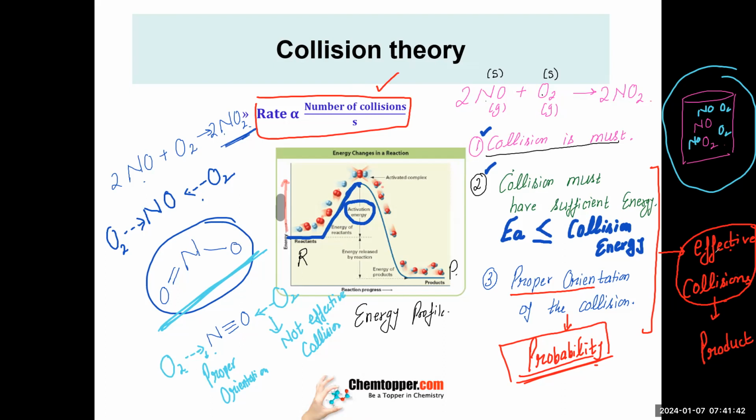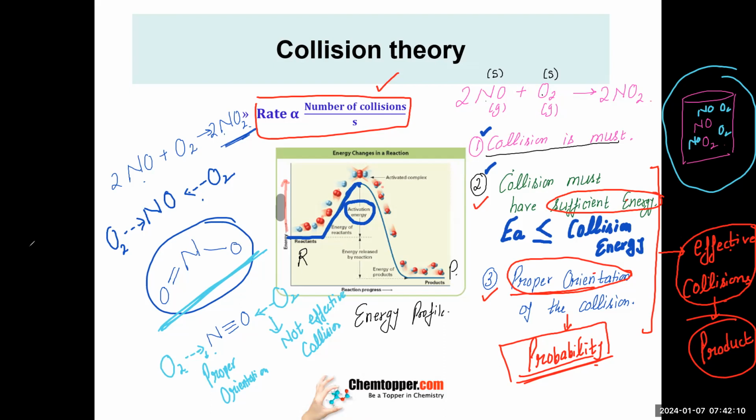There are two conditions which should be satisfied for getting the product: sufficient energy and proper orientation during the collision. If these two conditions are satisfied, then you get the product. Is it okay?